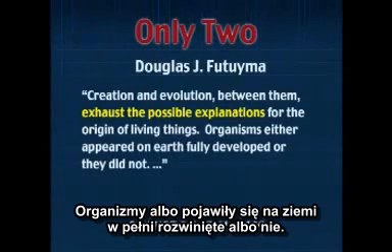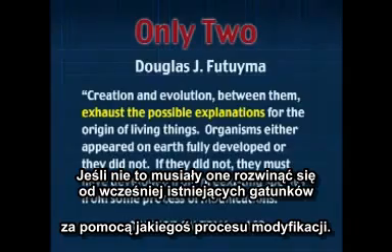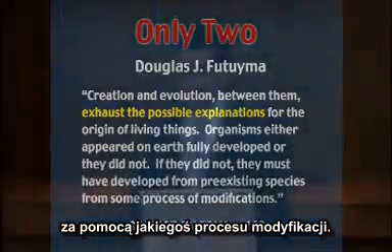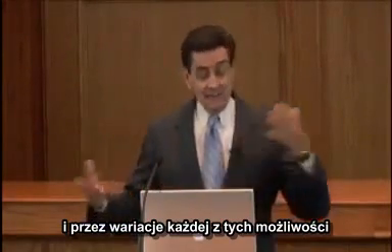Organisms either appeared on Earth fully developed, or they did not. If they did not, they must have developed from pre-existing species, from some process of modification, naturally or suddenly, not natural. And there are variations of each.